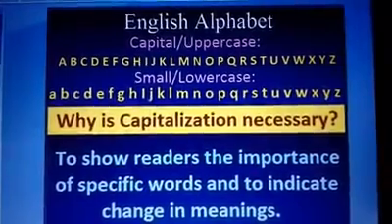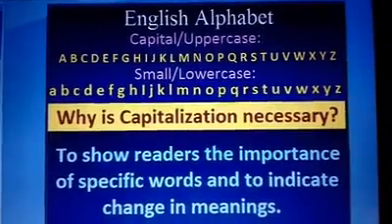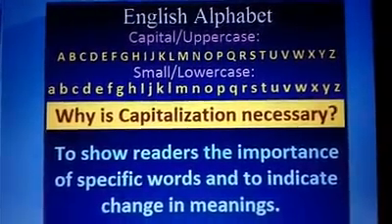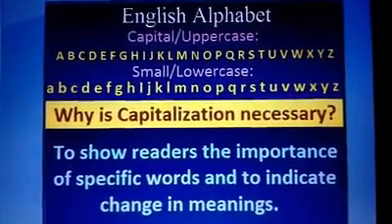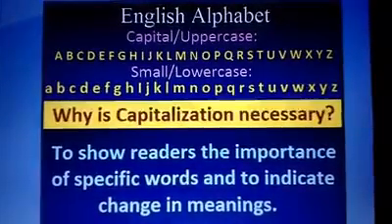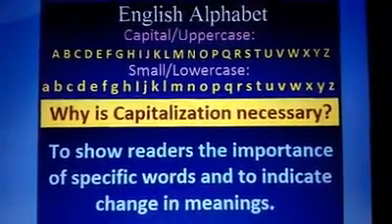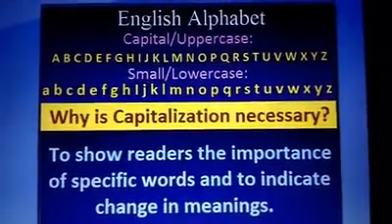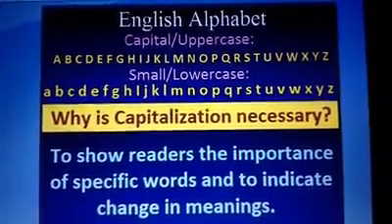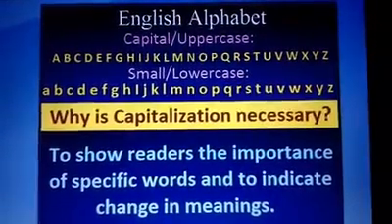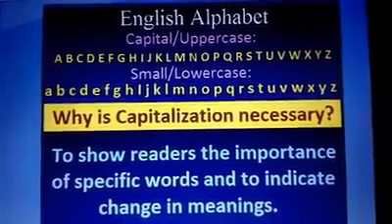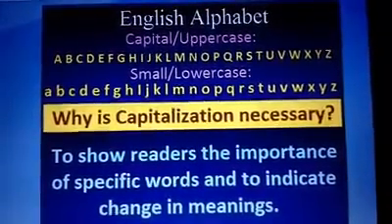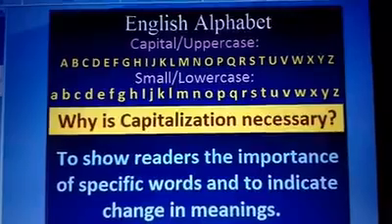Another question is there. So why is capitalization necessary? Capitalization is necessary to show readers the importance of specific words and to indicate change in meanings. That means if you don't use capital letters where necessary, the actual meaning of the writing of the passage or of the text will be distorted, will not be conveyed properly.